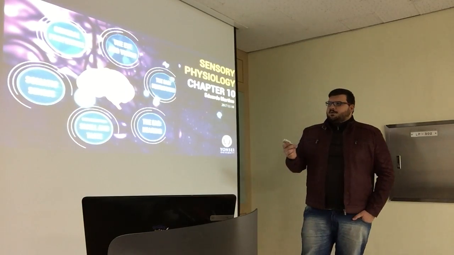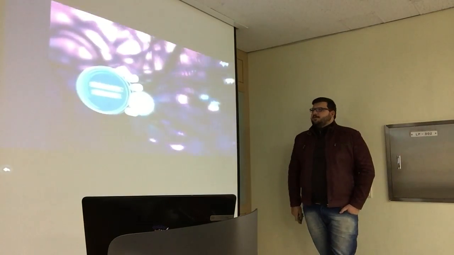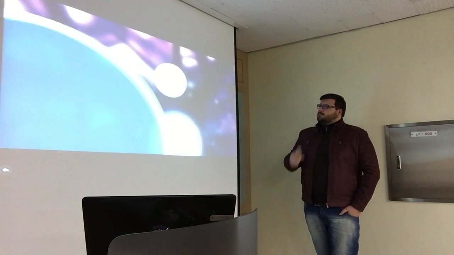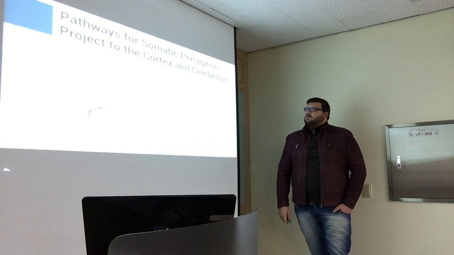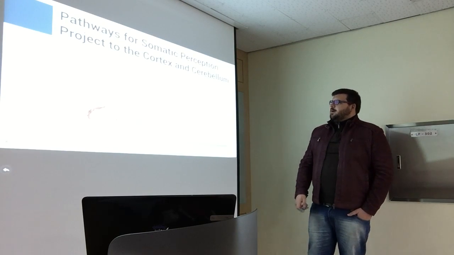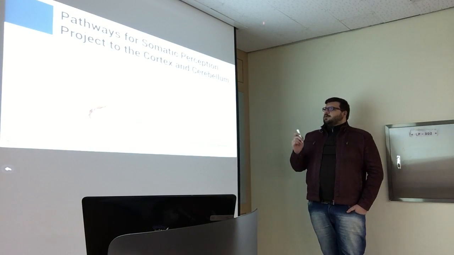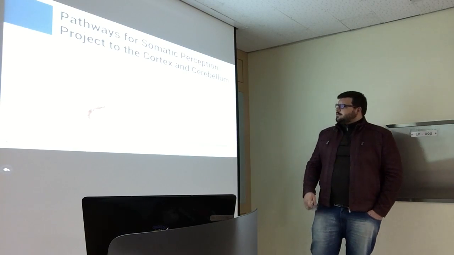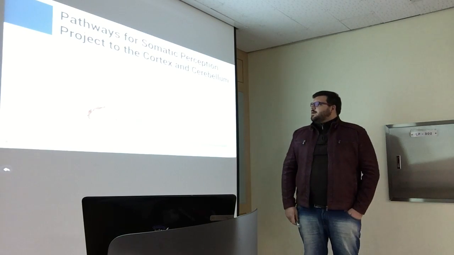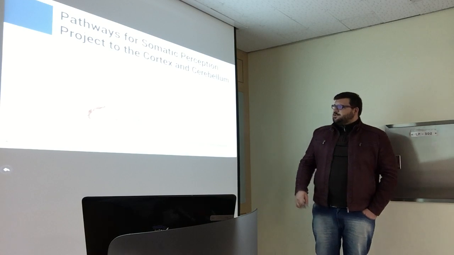Okay, so now we go to the somatic sense. Pathways for somatic perception project to the cortex and cerebellum. The somatic cortex is the part of the brain where ascending sensory tracts originate. Each sensory region has a corresponding region in the cortex.